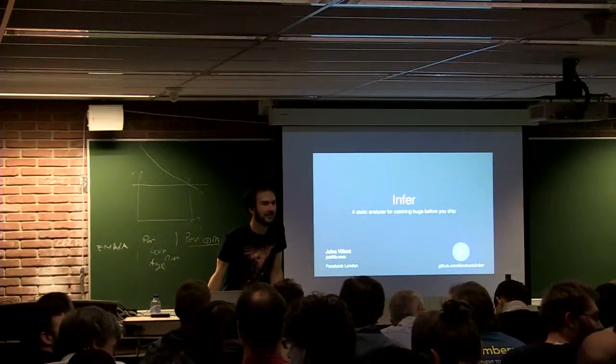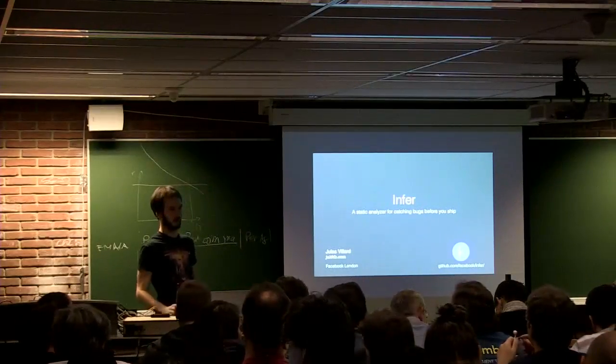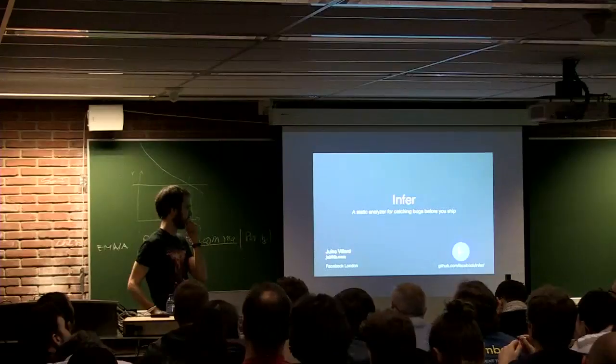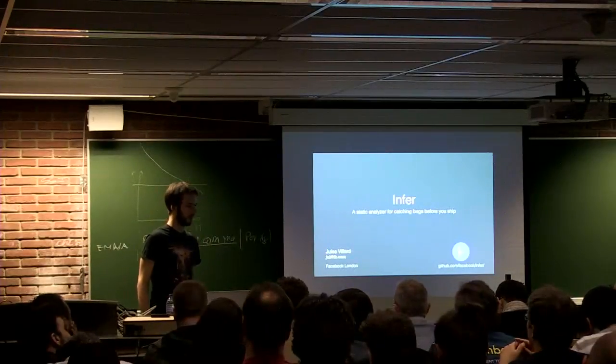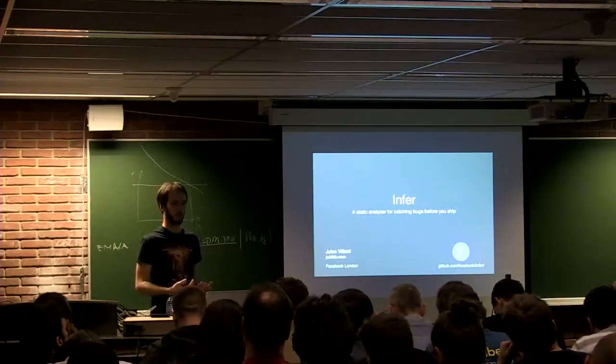Do we plan to port Infer to popular CI tools like Jenkins? I don't see any real difficulties with that. I don't think we want to do that ourselves because we don't use it, so that doesn't make much sense.